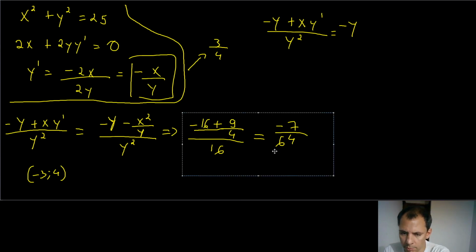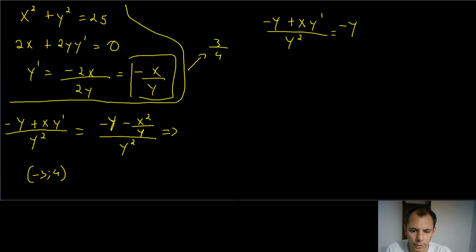Let's just do this part here. Okay, what's happening is that you plug the 4 in here, so it's going to be -4. Now you've got a minus here. You see, when you plug the -3 in here, you're going to get a 9, but you have this minus, so it's going to be -9/4 divided by 16.